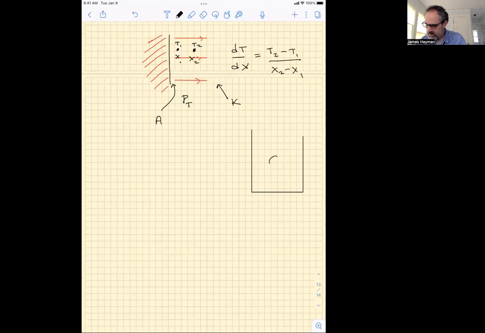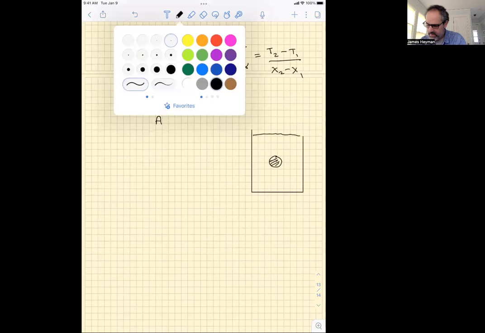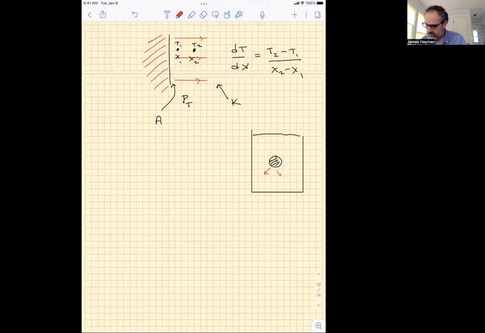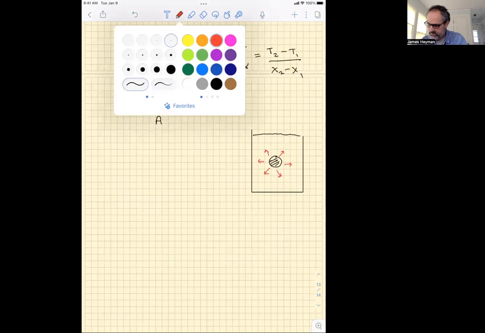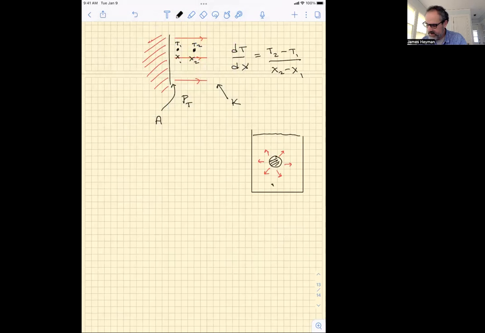I'll leave that up. And then remember, our problem looks like this. We have our hot object that's immersed in some kind of fluid or medium, and heat is flowing out from the hot object. Our object has some characteristic size, d.